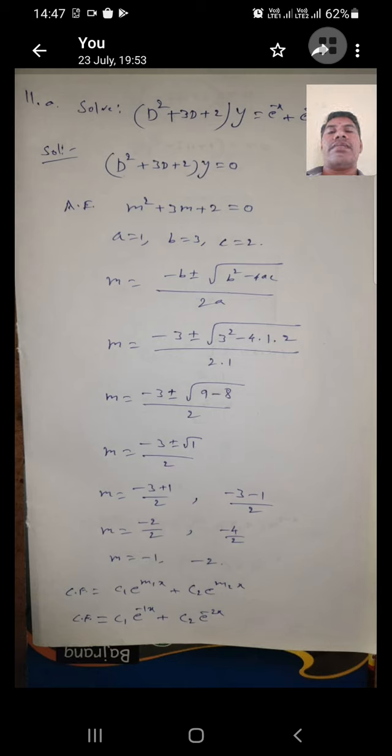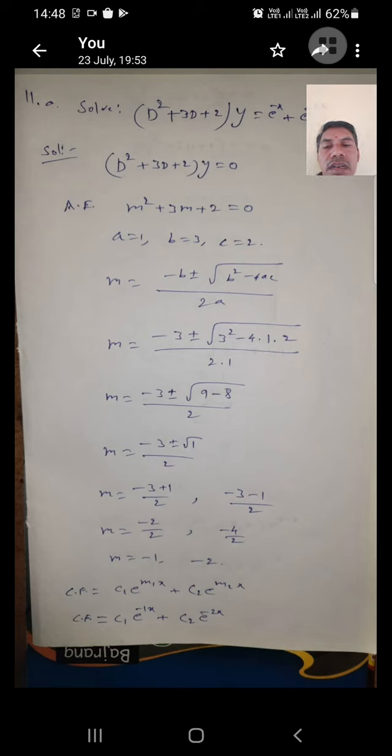See here, the question is taken and converted into the auxiliary equation, and then find the roots. Here the roots are different, so we are not concluding with a solution, we are saying CF, because on the right side we have terms.